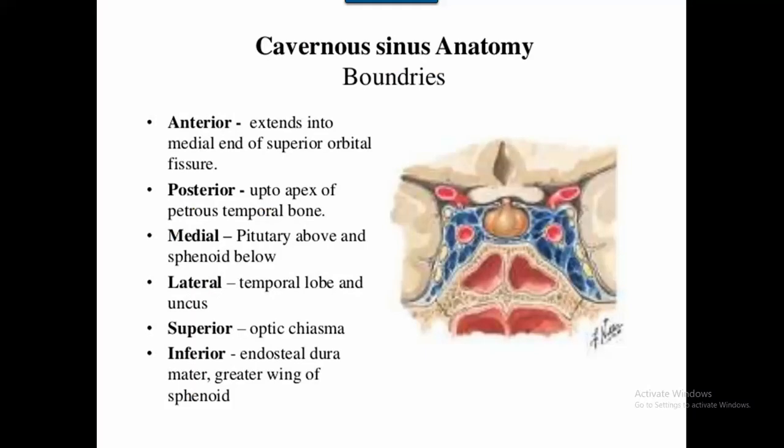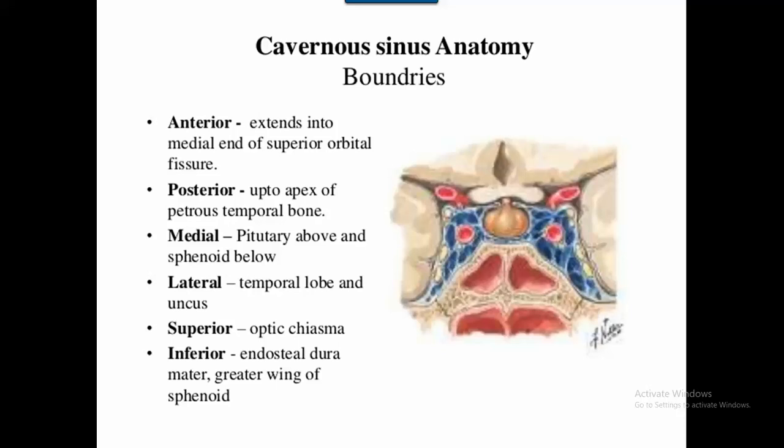Okay, now this is the diagram that shows all of these structures that we mentioned related to the cavernous sinus. Look, that is the cavernous sinus. The floor is formed by the endosteal layer of the dura. Laterally also bounded by the endosteal layer of the dura, and medially by the pituitary gland or hypophysis cerebri.